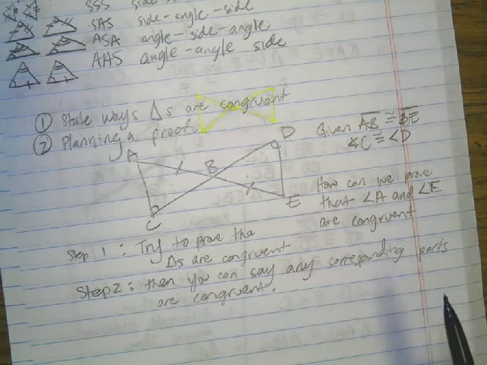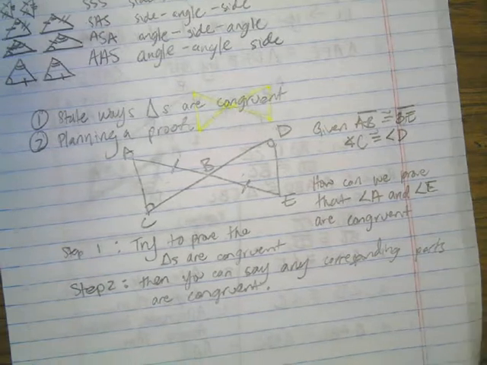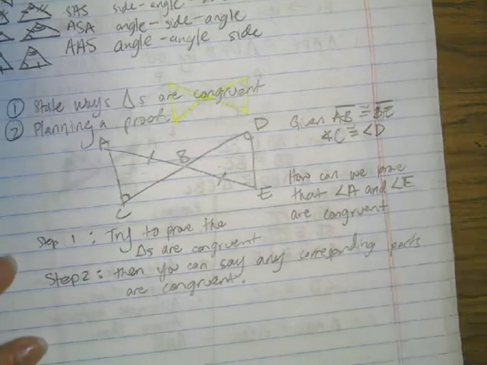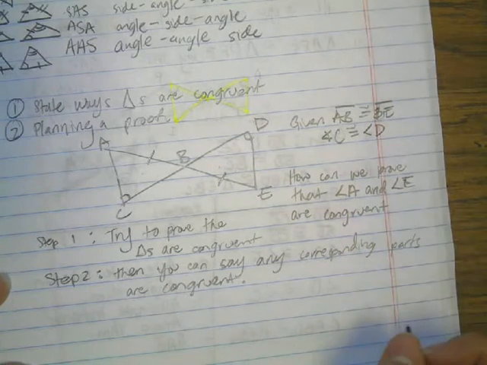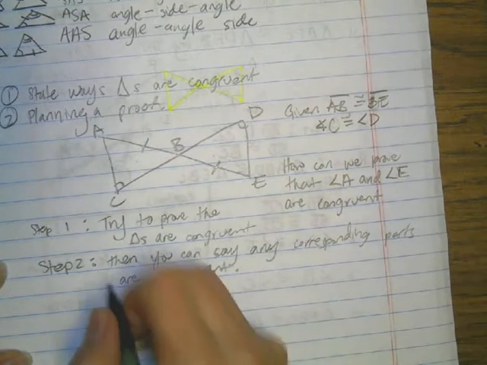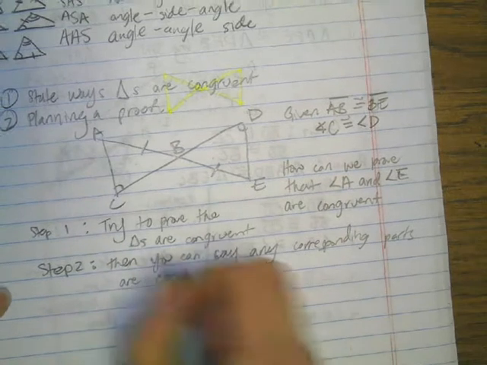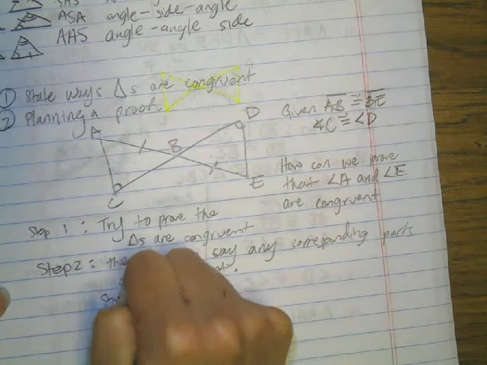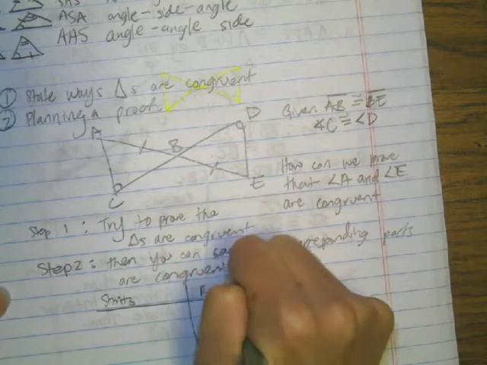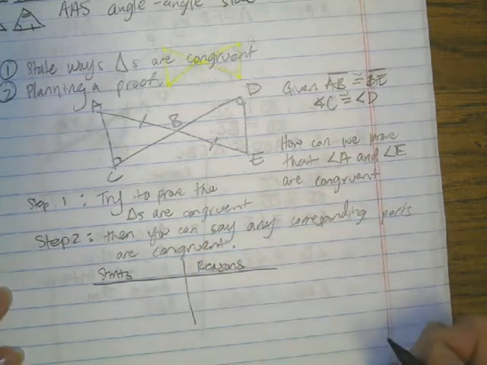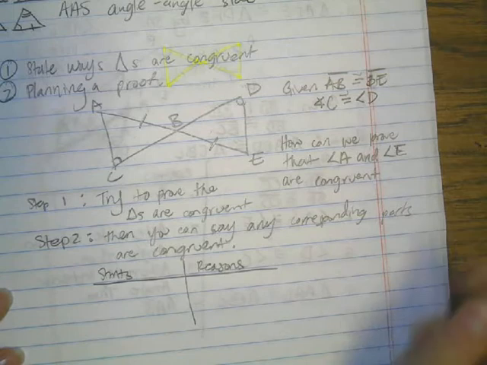First, well, you just want step one. What is that? Yeah, given. The given is AB is congruent to BE. Okay. And angle C is congruent to angle D. So, if we want to prove the triangles are congruent, what do we do?